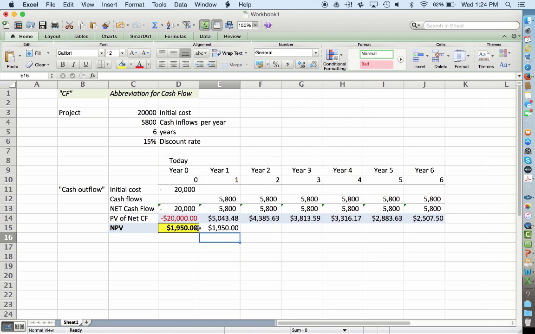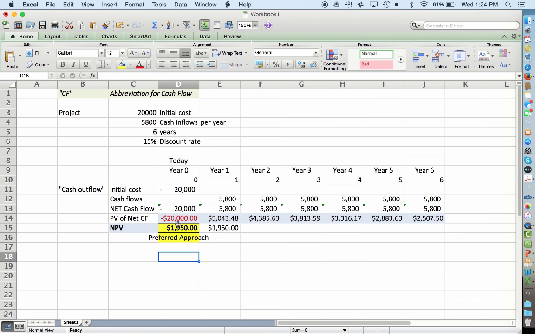What I'm going to do is I'm going to post this and you guys can see the formula. This is my preferred approach to use the sum. For those of you that are curious how the NPV function works, look at it and then we'll go through it again. Okay, so that tells us the NPV of this project is $1950.